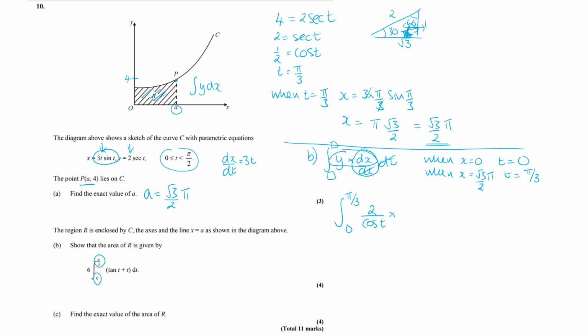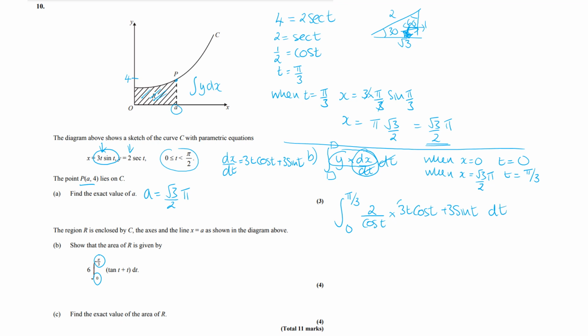It's 3t first, differential of second, cos t, plus second, differential of first, which is 3 sine t. So that needs to go in here. 3t cos t plus 3 sine t, and then we can integrate with respect to t.